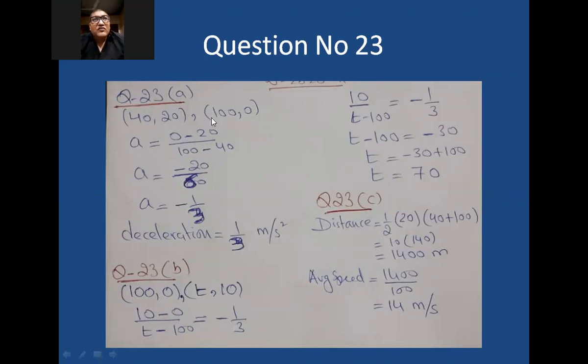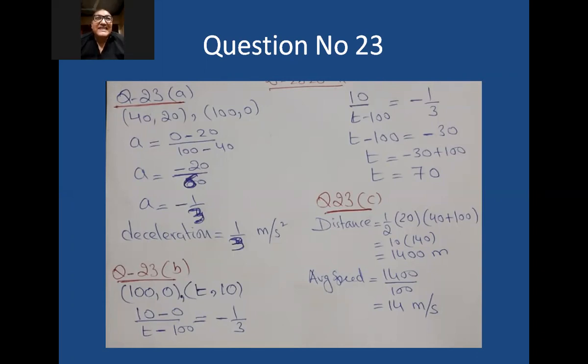Acceleration is the slope of this line, y2 minus y1 divided by x2 minus x1. That will be 0 minus 20 divided by 100 minus 40, so minus 20 divided by 60. The 0s cancel, 2 and 6 cancel, so you will have minus 1 by 3. So the value of the deceleration will be 1 by 3.